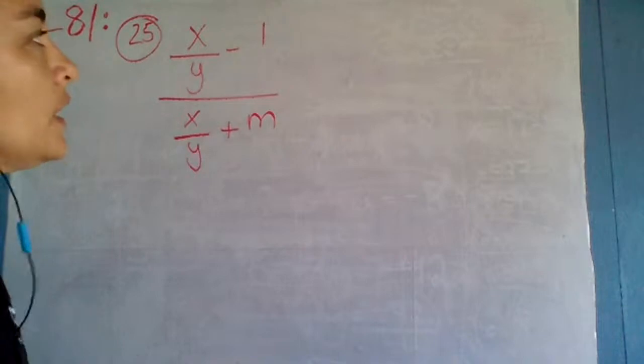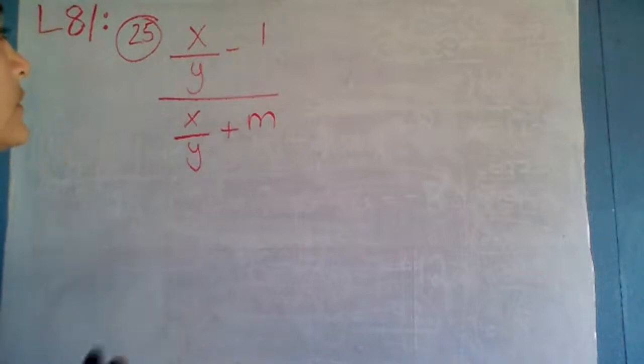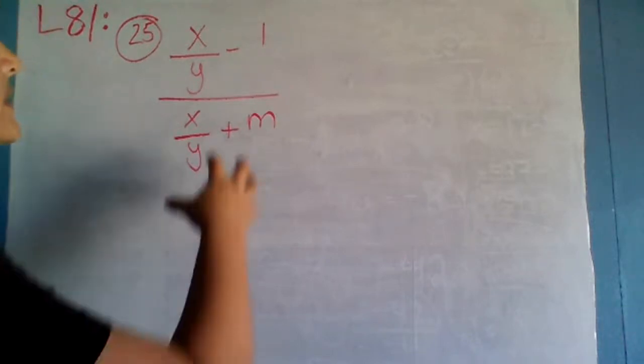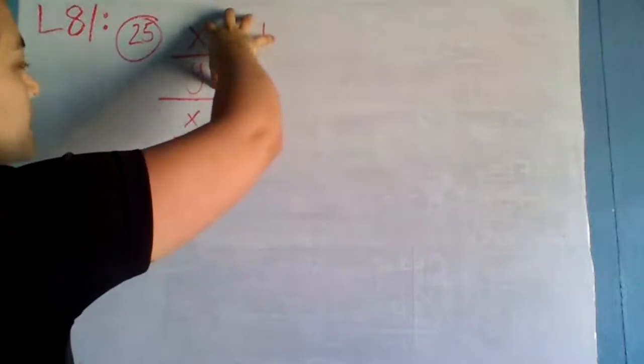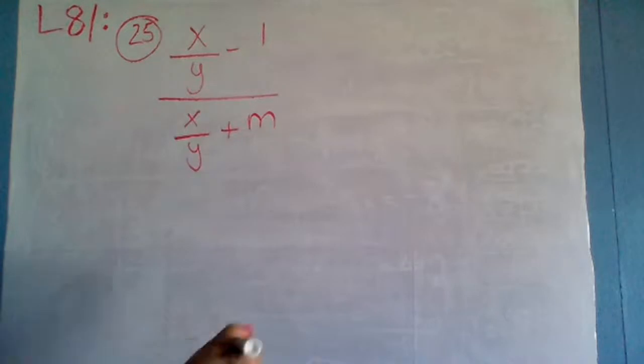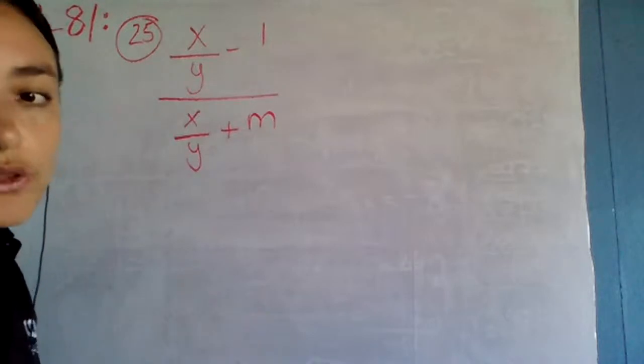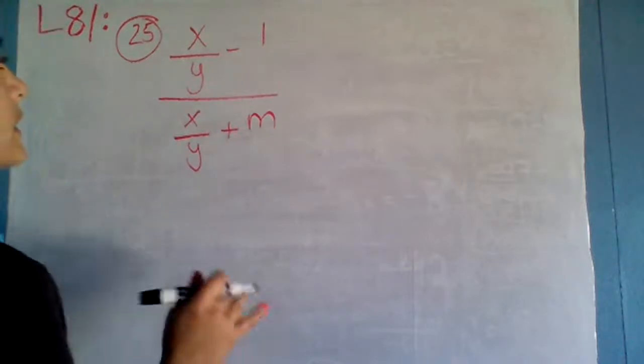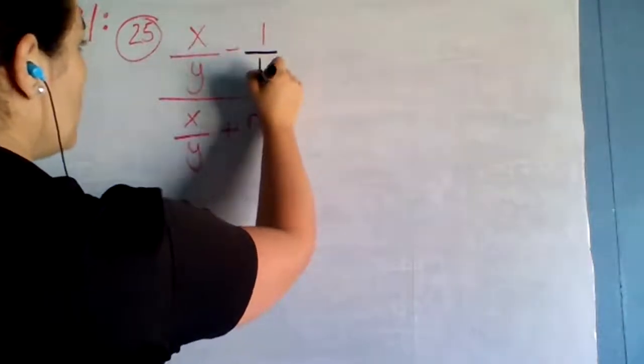Let's see. What we want to do on 25 is simplify this addition and simplify this addition. Okay, so the first thing in addition of fractions is common denominator. Only in additions of fractions I need common denominator.